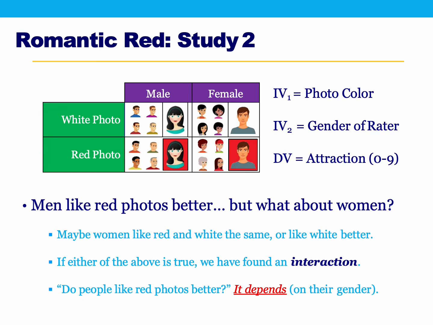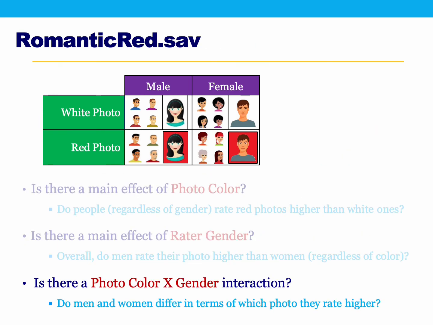Men like the red photo better, but if women like the red and white the same or have a preference for the white photo, then we have an interaction. So again, what we're looking for with an interaction is, do men and women differ in terms of which photo they rate as higher in attractiveness?